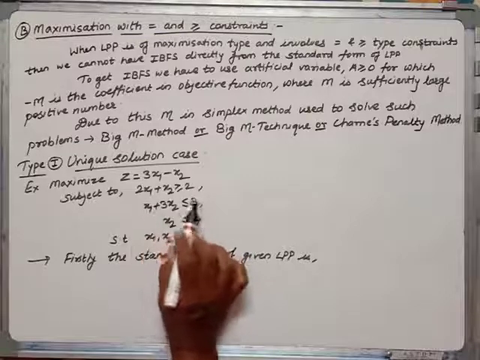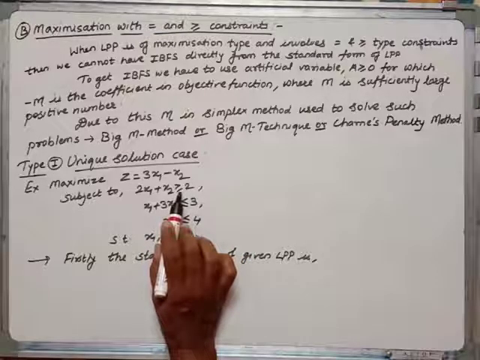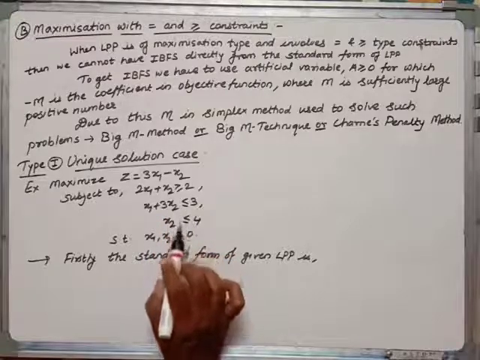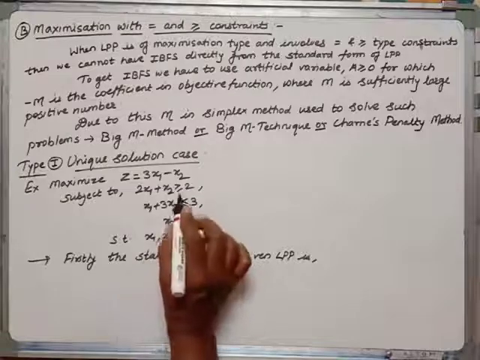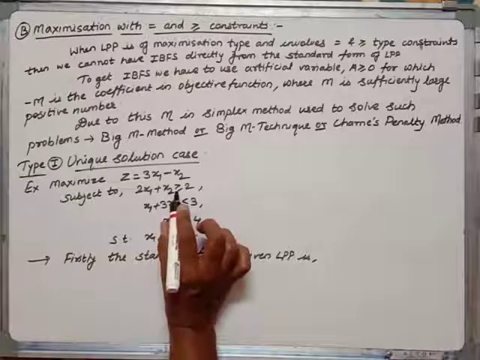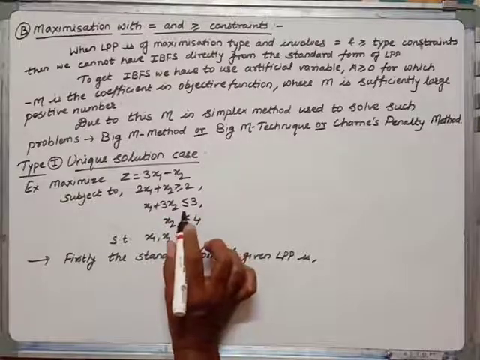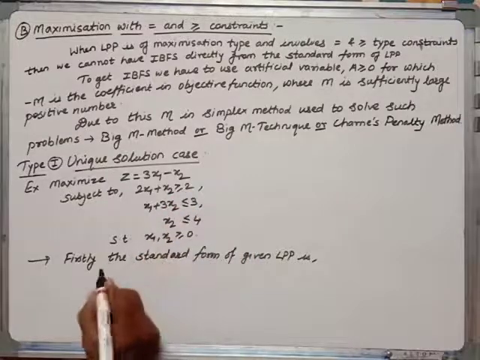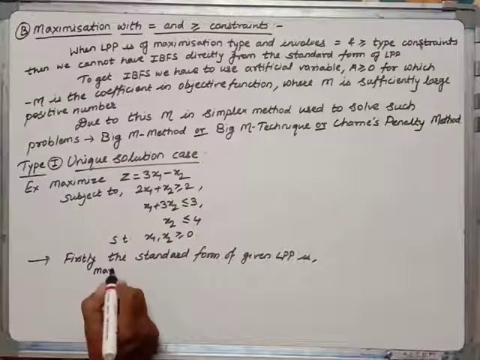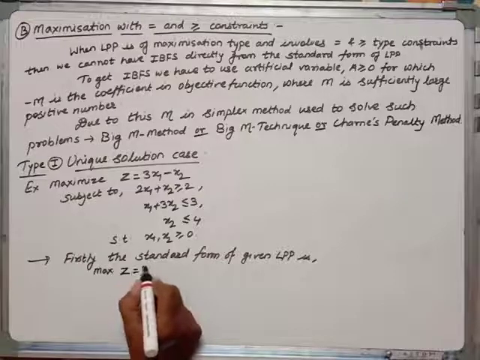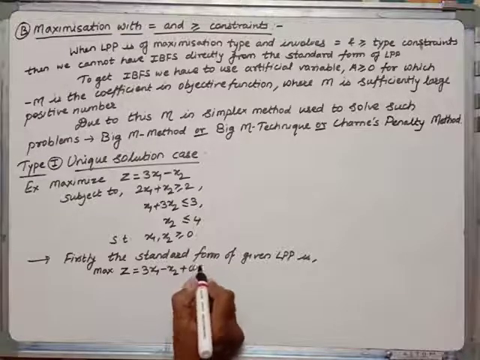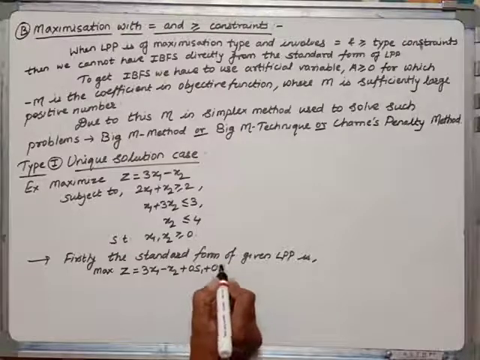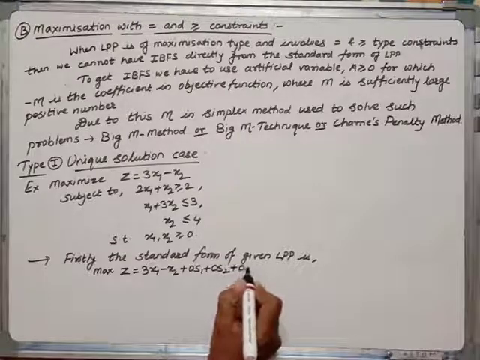Now here look at, one constraint is of greater equal type, so it needs a surplus variable, and two are less equal, so they need slack variables. So three variables, one of them is surplus, the others are slack, having coefficient 0 in the objective function. So maximize z equal to 3x1 minus x2 plus 0s1 plus 0s2 plus 0s3.